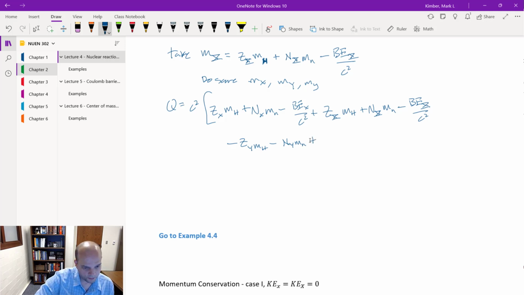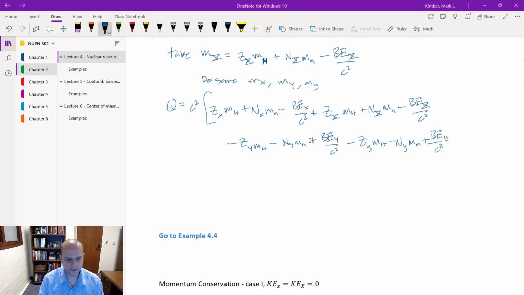In this case, I'll do plus the binding energy. And same thing for my light particle on the product side. Mass of the neutron plus the binding energy of y, c squared.